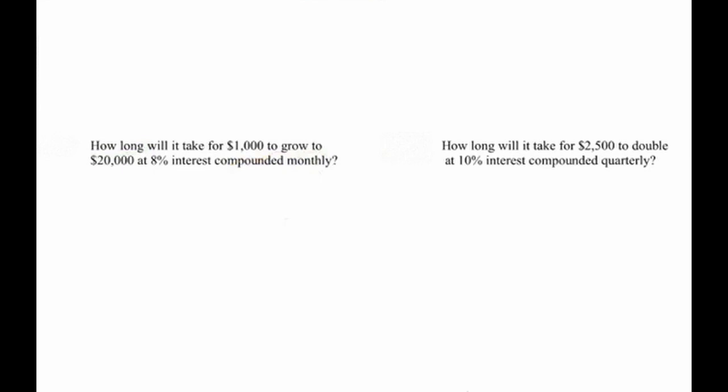Example 3. How long will it take for $2,500 to double at 10% interest compounded quarterly? So once again, we're solving for how long it will take for this investment to double. So that means we're solving for time again. If we're starting out with an investment of $2,500 and we want it to double, then that means we're ultimately interested in having a $5,000 investment in the end.